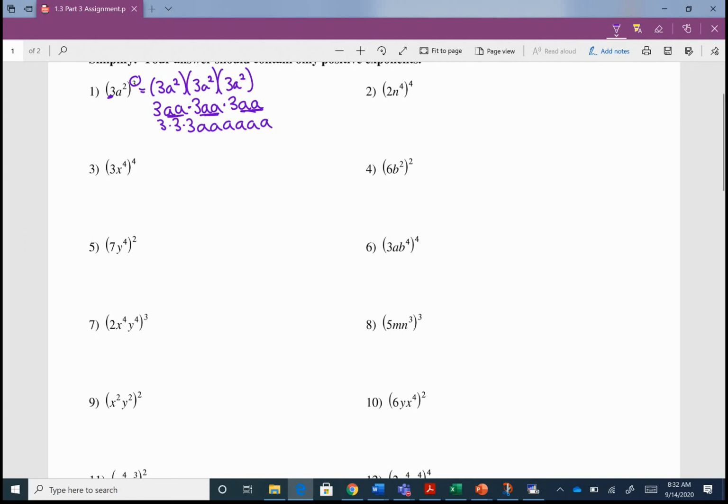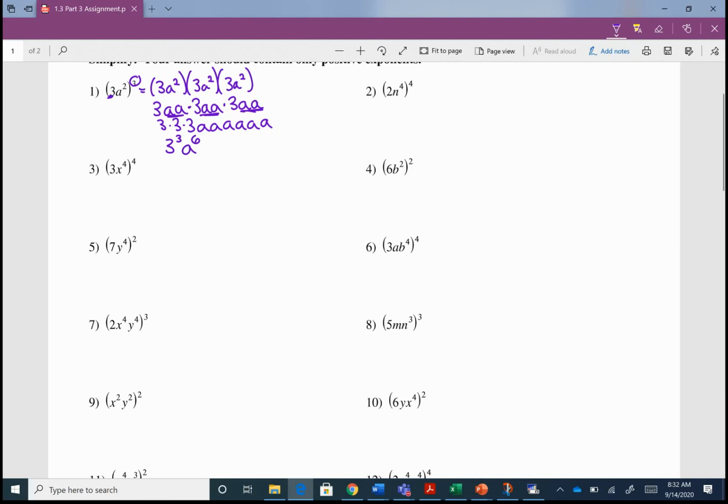Okay, so we have a 3 to the 3rd, and we have an a to the 6th. So notice it's not just 3a to the 6th. That 3 was also raised to the 3rd power.